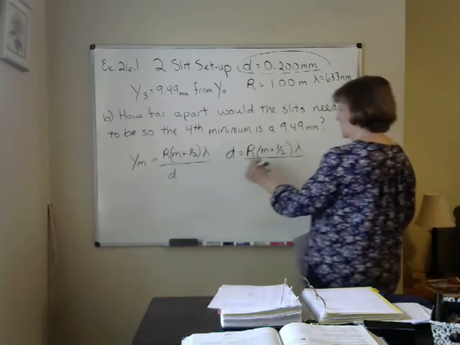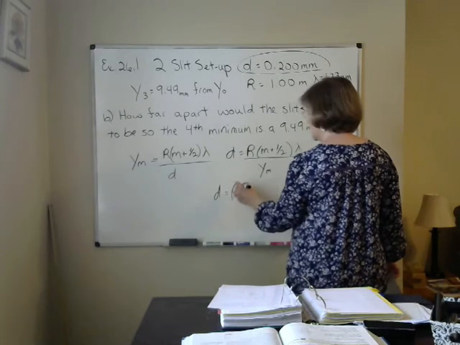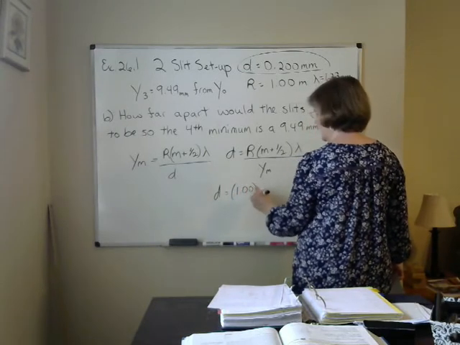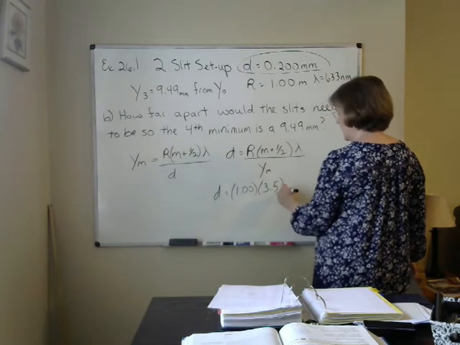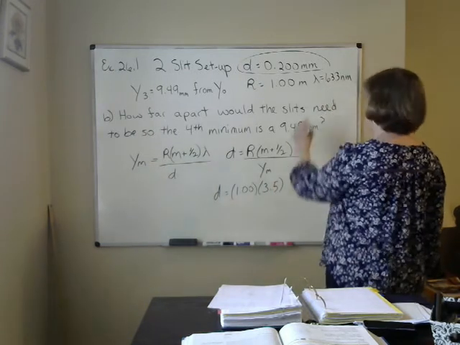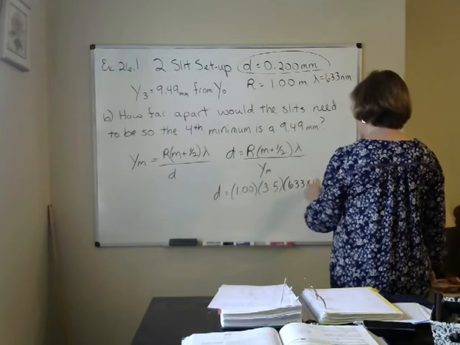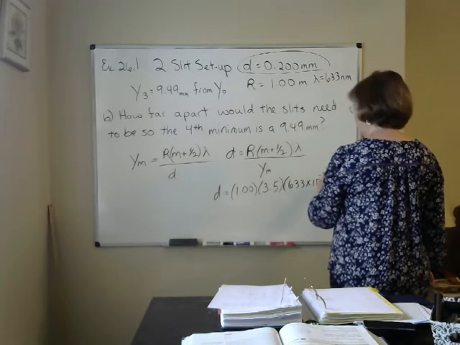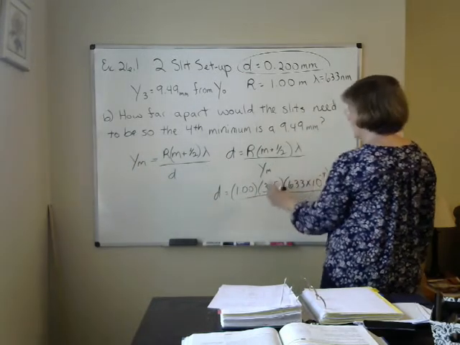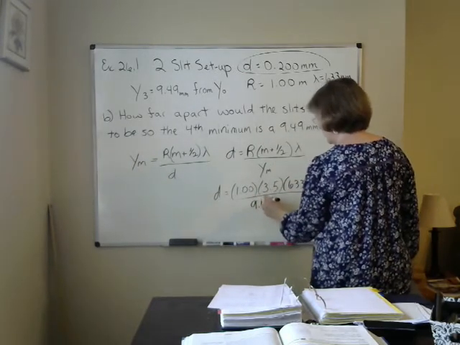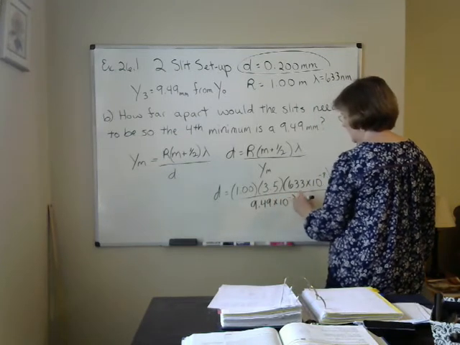The distance to the screen is still 1. This will be 3.5 times the wavelength, 633 times 10 to the negative 9, it's nanometers, over 9.49 millimeters, so 9.49 times 10 to the negative 3.